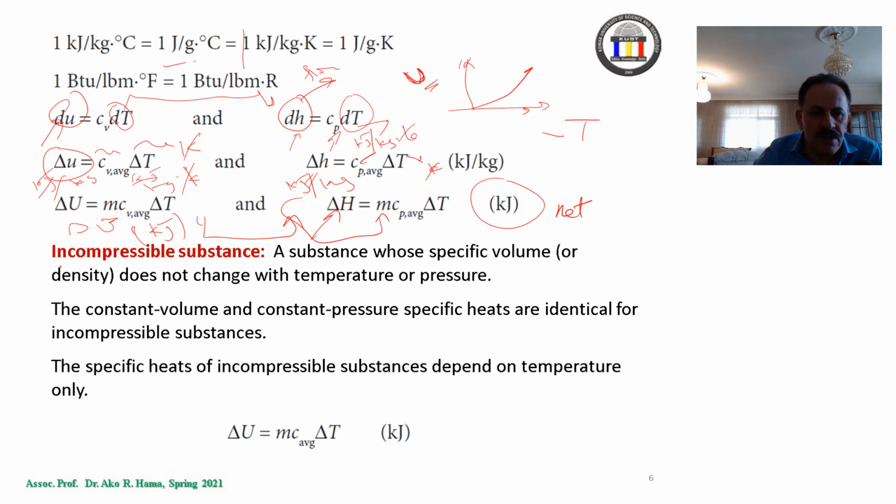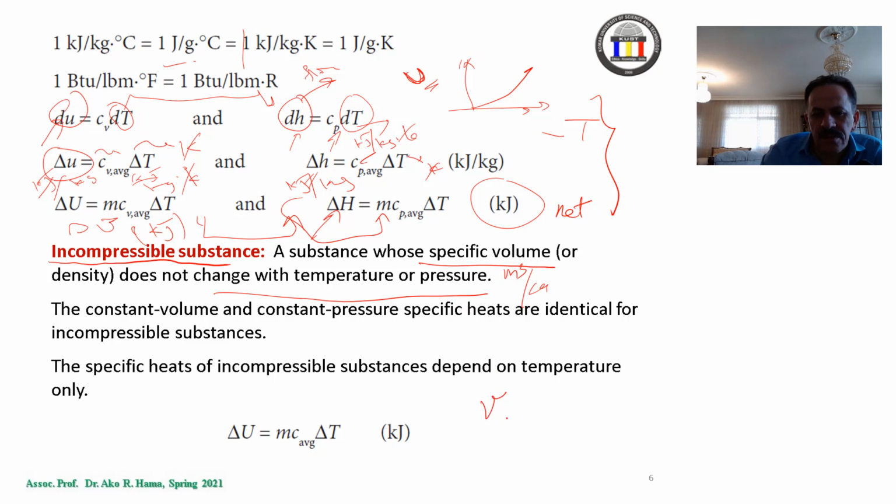Now this is for materials that can be compressed, like water, like fluids, like gases, and so on. But sometimes if you have solid substances like iron, what will happen for these kinds of materials? The specific volume, which is how many meter cube per kilogram, or the density rho, does not change with the temperature.